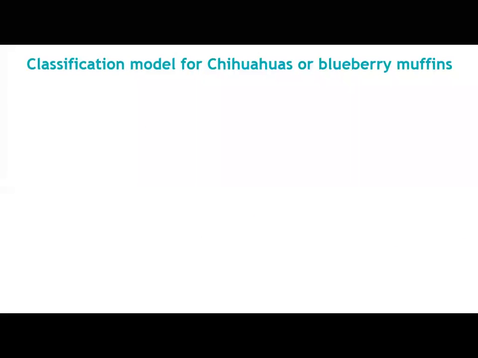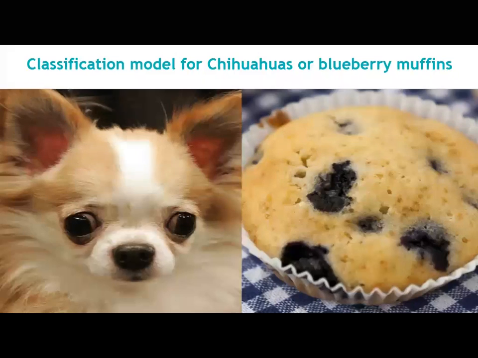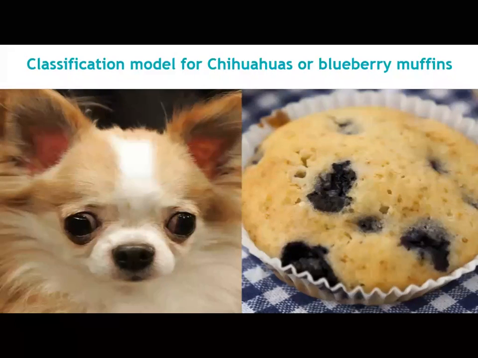Now in binary classification, if we look at the method in detail, here we have two images. One image is a cute puppy, and the other is blueberry muffins.